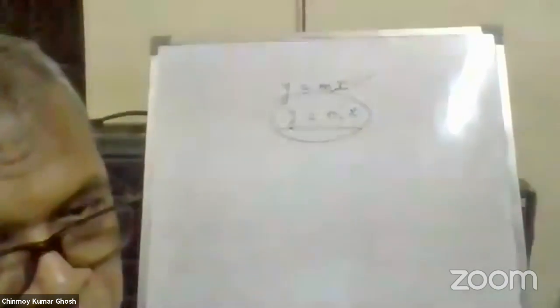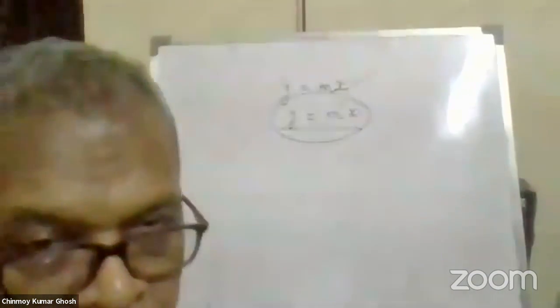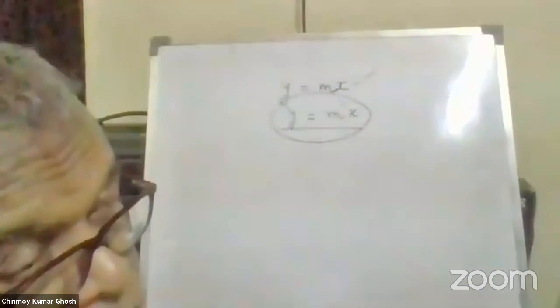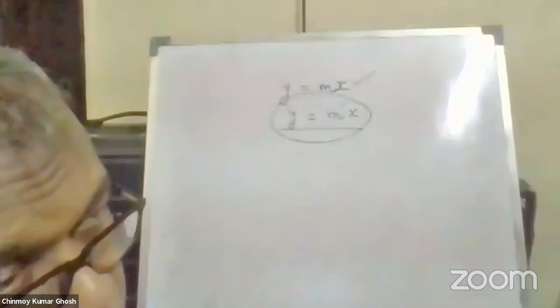That's why they are called conjugate diameters. M into m prime is -1 in the case of a circle. For an ellipse, it would be minus b square by a square. Right.